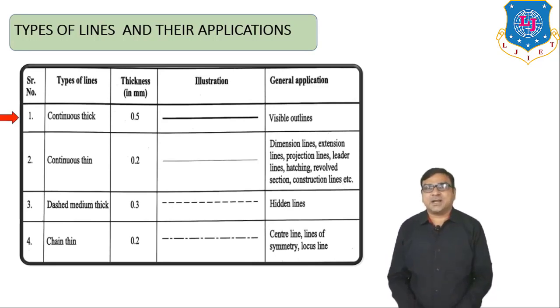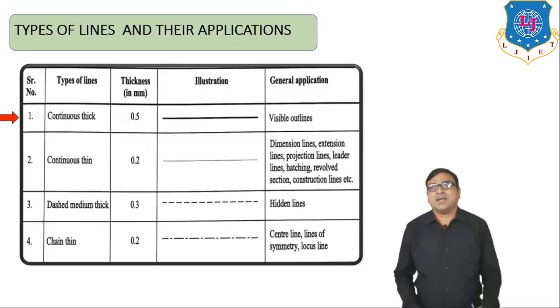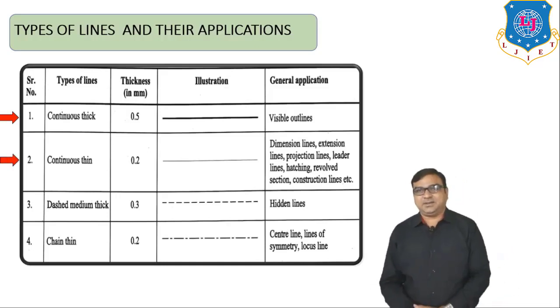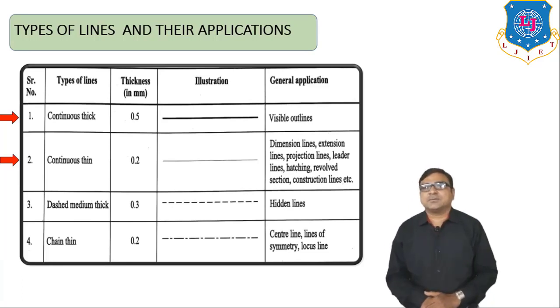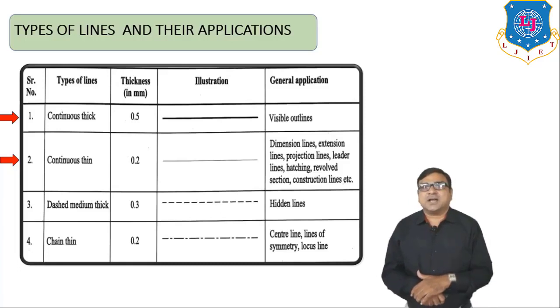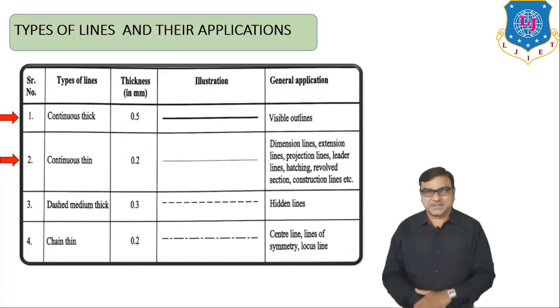So first, continuous thick line. The thickness of that line must be 0.5 millimeter and it looks thick, and for the general application on drawing, most of the lines in drawing must be outlines, and all lines are like continuous thick line.